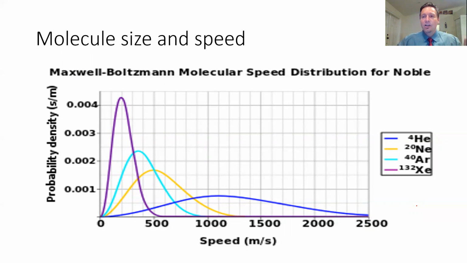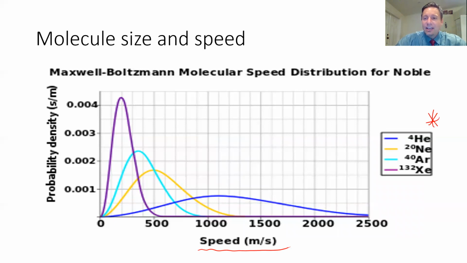That is the properties of a gas and the kinetic theory as it pertains to gas. So when we look at the Maxwell-Boltzmann molecular speed distribution, let's look at what this is basically saying here. We have the relative density on our y-axis, and we have the speed down here in meters per second. And then over here is our little key.